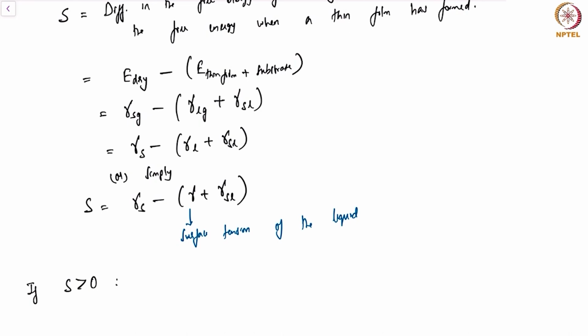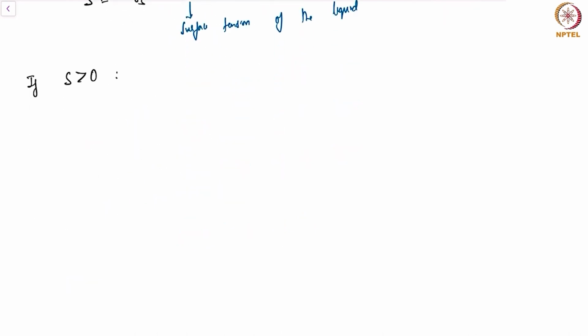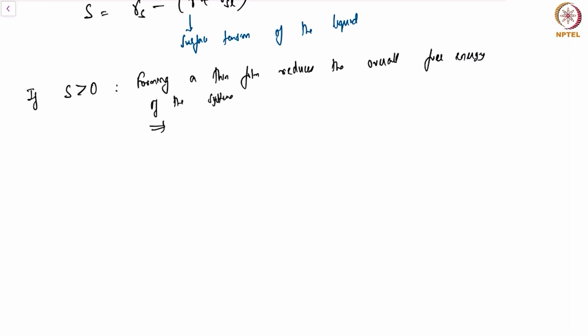So by forming a thin film on the solid surface, we have lowered the overall free energy of the system and therefore it is favorable. So in other words, if this happens, then forming a thin film reduces the overall free energy of the system, and it means total wetting will occur.